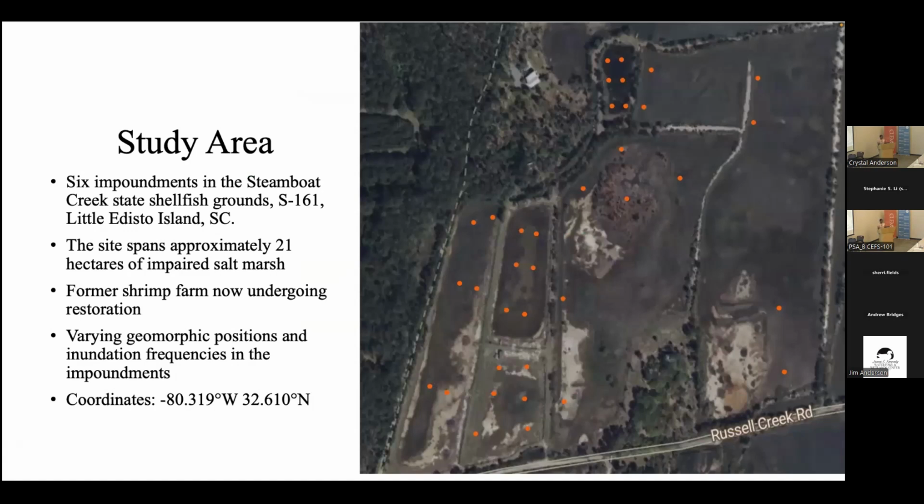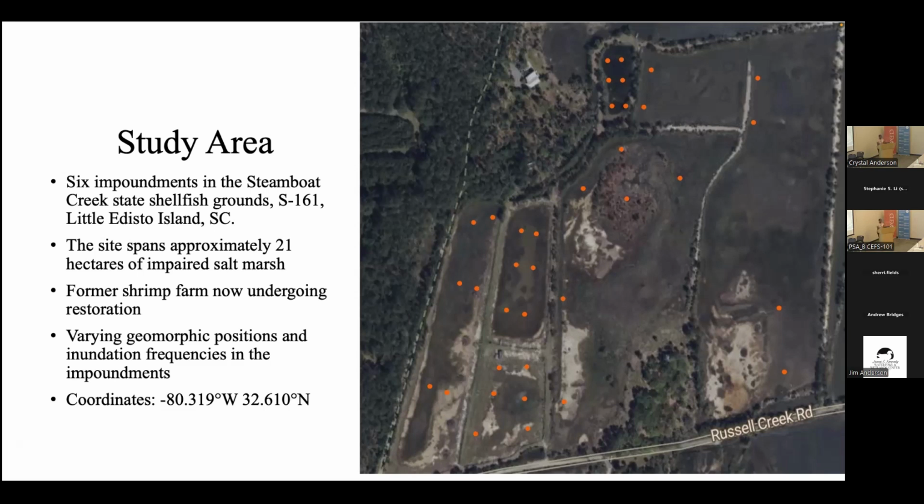My study area is basically the same place as Chris's. We're both working at the same place. The assessment will be conducted on six brackish water impoundments at Little Edisto Island in South Carolina. The site spans approximately 21 hectares of impounded salt marsh formerly used as a shrimp aquaculture facility.